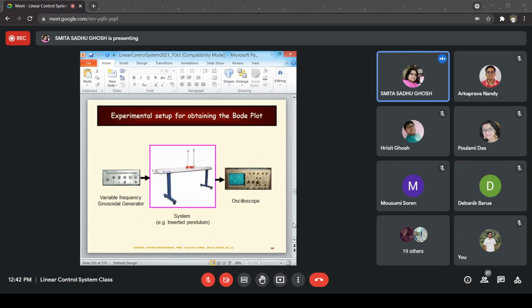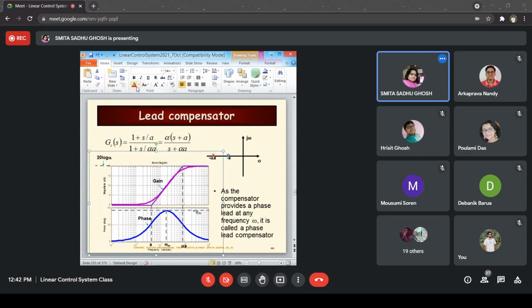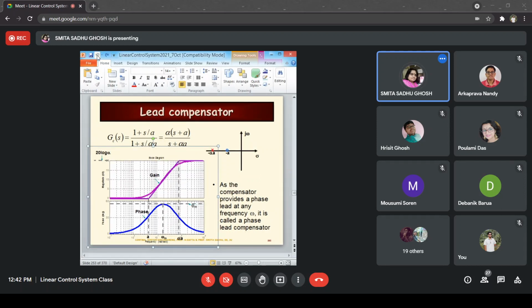This is the phase versus frequency axis, so each time I will get one phase value, and that can be plotted one point at a time to give us a complete phase plot. So the phase versus frequency plot can be obtained experimentally.